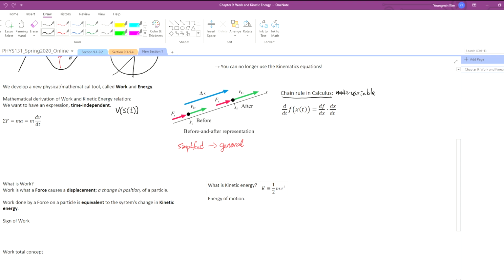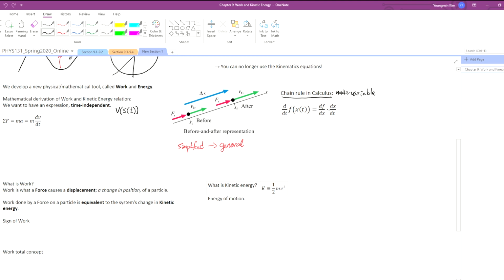You take the first derivative of the original function with respect to x, because that's what this function is defined as. And then you multiply by the derivative of the inner function x with respect to t. And that is the chain rule in calculus.